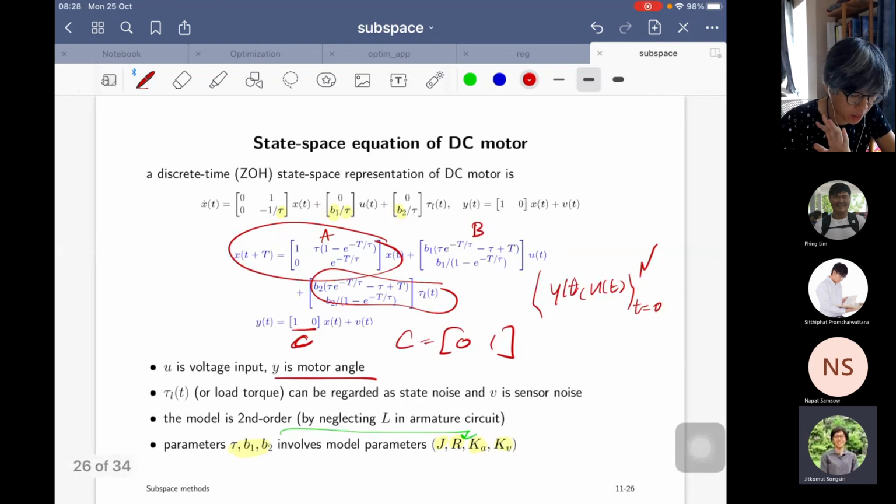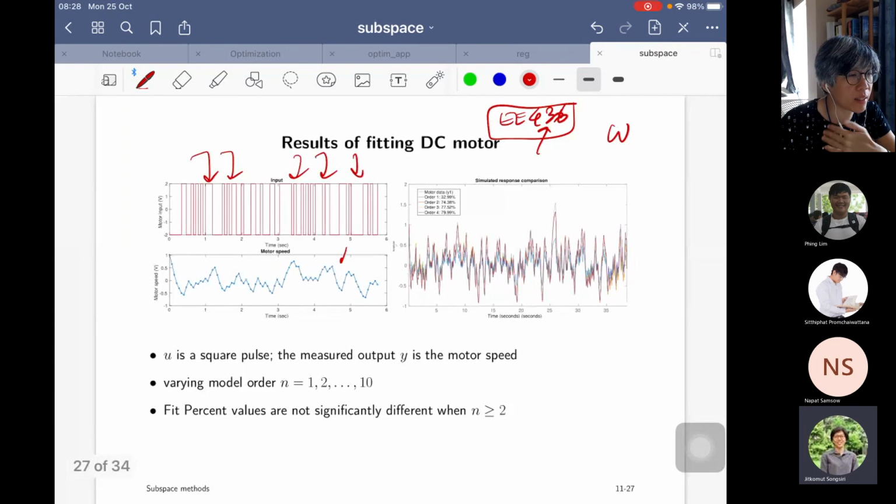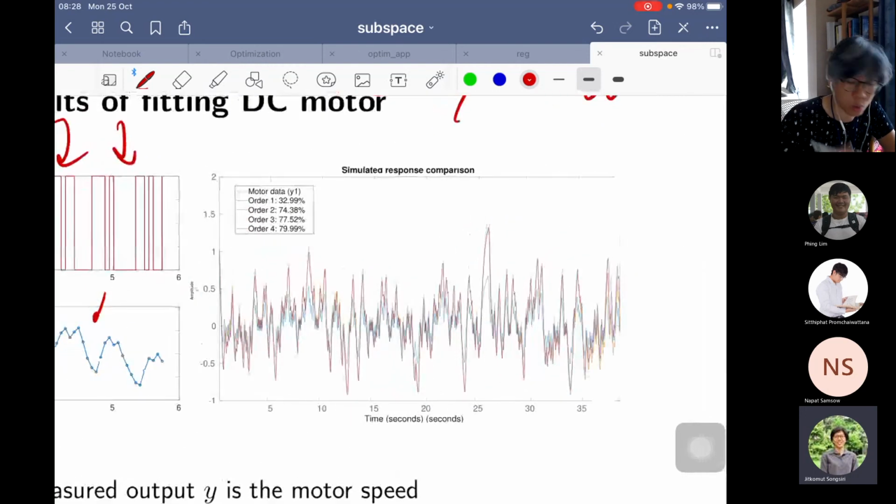Even though we know that the dynamical equation we derived here is second order, in the estimation process let's pretend and see the results as we vary the model order. I start from n equals 1 all the way to 10, and just use the system identification toolbox.